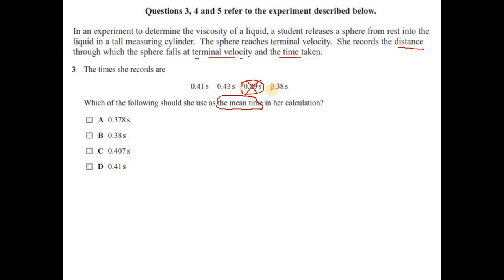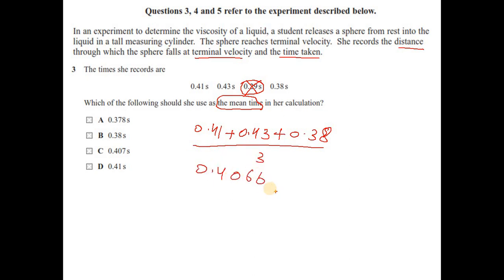Add these 3 and dividing by 3 you can get a mean. If you do 0.41 plus 0.43 plus 0.38 and divide by 3, you will get 0.4066, round it off, so 0.41. Your option is D.